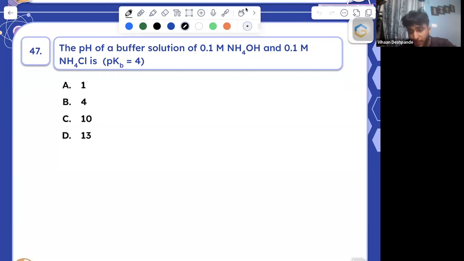So is it 10? Good. pOH is how much? So, pKb plus log of salt upon base. Salt and base are both 0.1, so your log becomes 1. pOH will be the same as pKb. pOH is 4, so pH is 10. Got it? Very good.